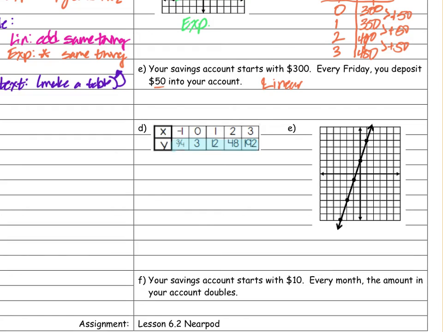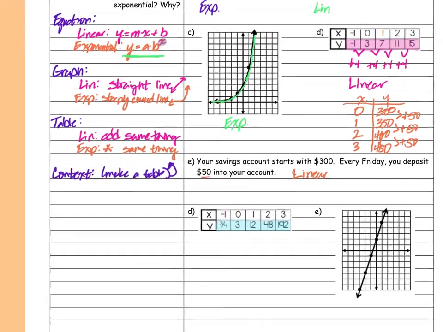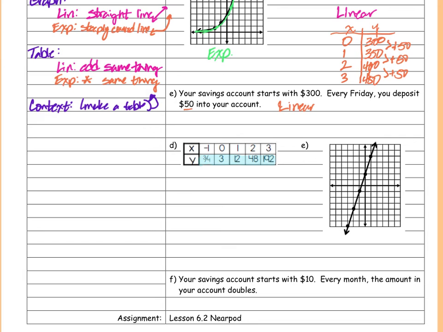So remember, if it's a table and it's linear, where's my table? Here we go. Here's my table information. Linear, I'm adding the same thing every time. So let's just skip over the fraction because, it's a fraction. So what do I add to 3 to get 12?